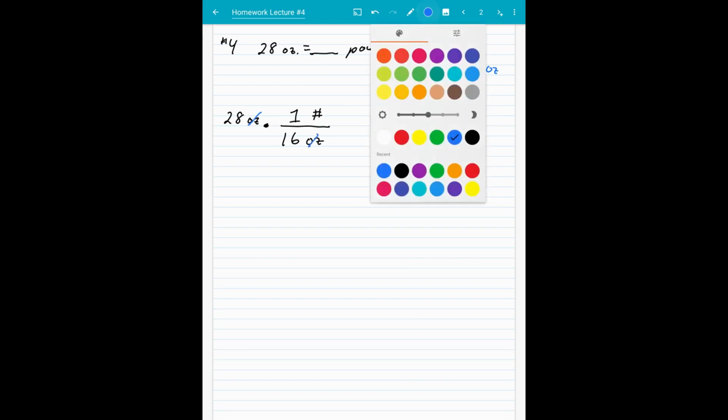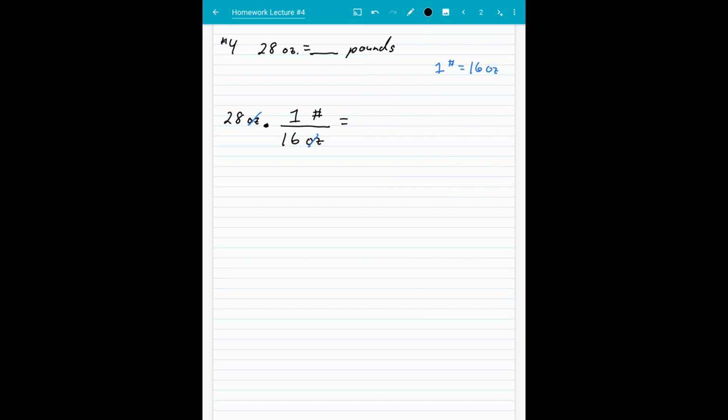We're left with pounds. 28 times 1 makes 28, and then 1 times 16 makes 16. You can divide those out, and that gives you 1.75 pounds as your answer. So again, a lot of these are one-step problems. We'll get into some more complicated ones, but I just want to be very thorough with these examples.